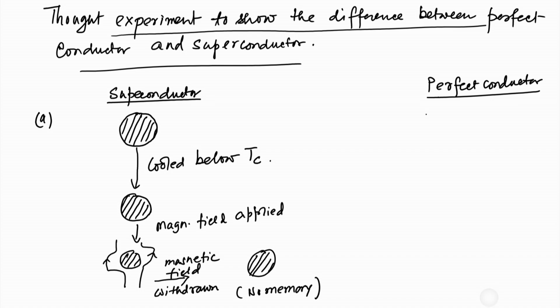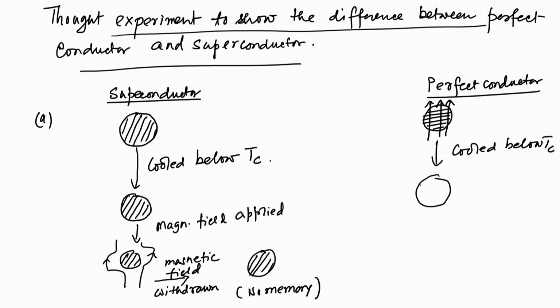And what happens to a perfect conductor? So, this is a perfect conductor, and it is in an external field. So, it is cooled below T c, the flux still penetrates, but it is resistanceless in the presence of the magnetic field.